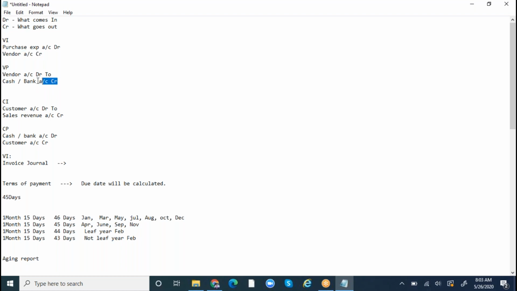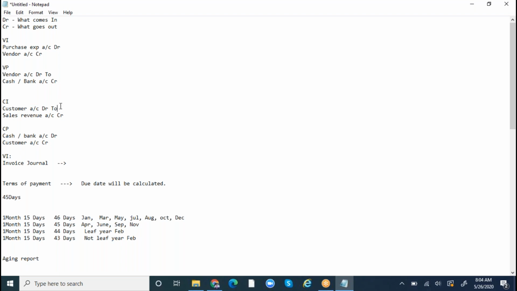Whenever I am doing payment to the vendor, my cash balance or bank balance will be decreased. That is credit. Then the opposite entry is vendor account debit. In the same manner, for the customer, I need to receive money. What comes in? I am going to receive money from the customer because I have dispatched material. I have sent material to my customer, so I need to receive money, maybe in 2 days or 10 days.